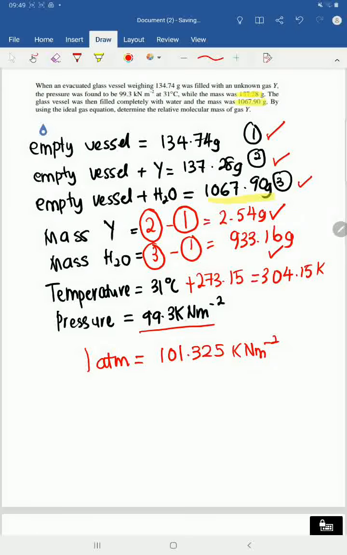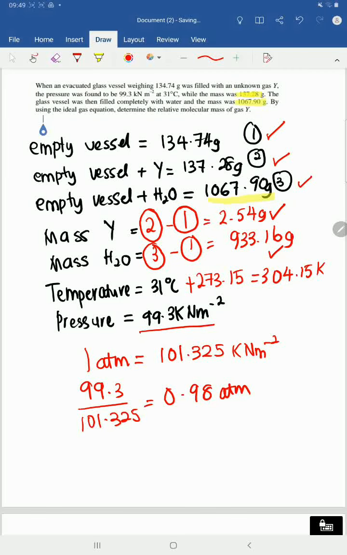I get this conversion from the list of constants that I already shared with you in our class group. To convert 99.3 kilonewton per meter square into atm, I just divide it by 101.325. So I get the pressure as 0.98 atm.